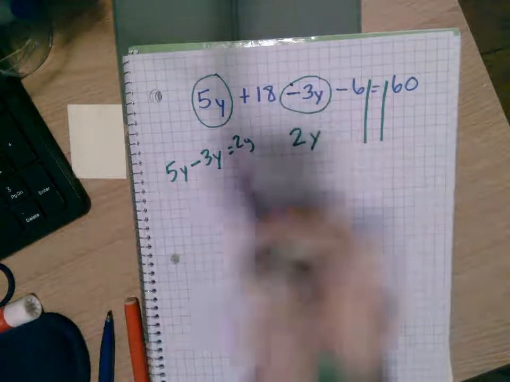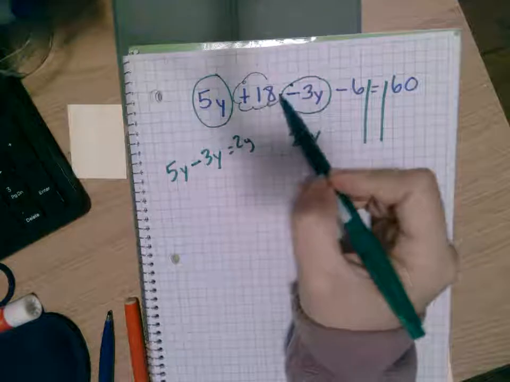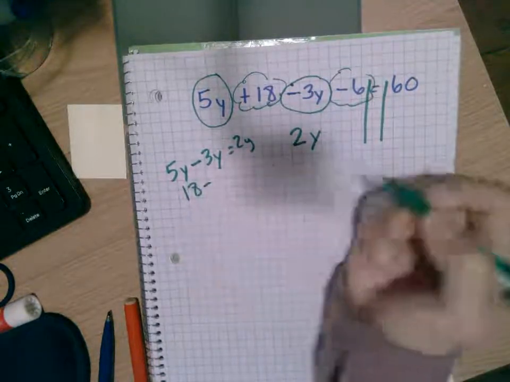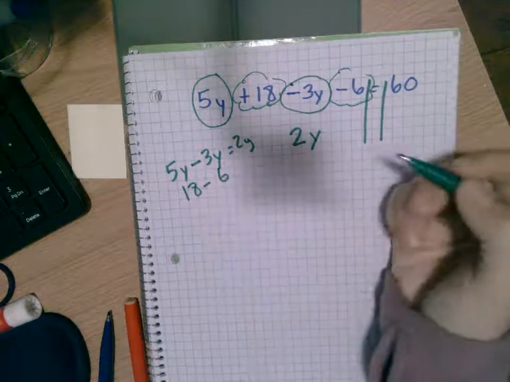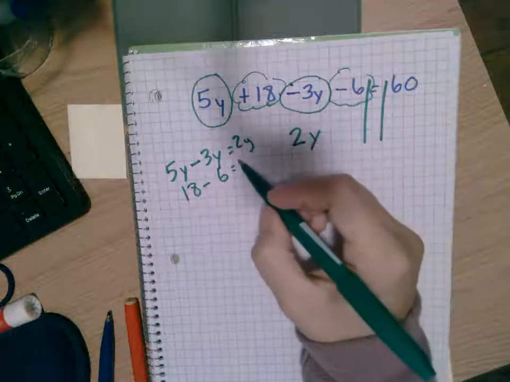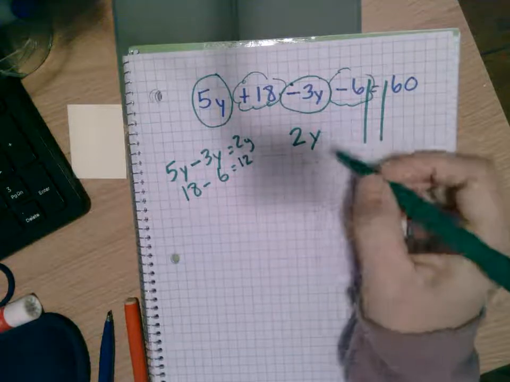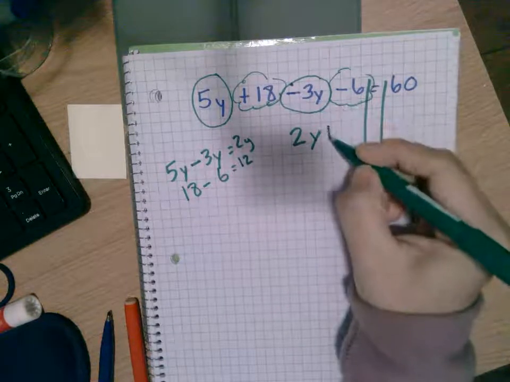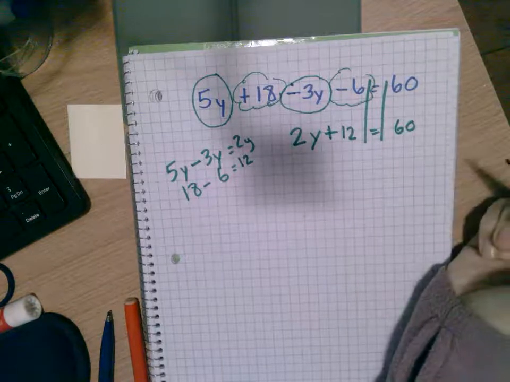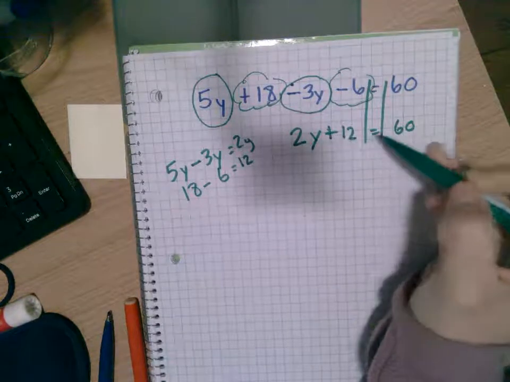Then we have 18 minus 6, which is 12. It's a positive 12. So we're going to put plus 12 equals 60. So 2y plus 12 equals 60.